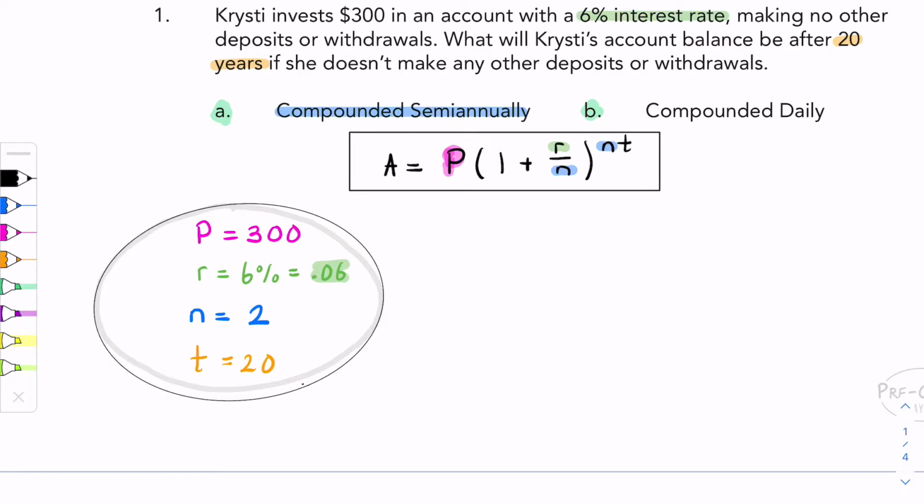When I substitute these values into the function, I have 300 multiplied by 1 plus the rate of 0.06 divided by 2, raised to the power of 2 times 20.